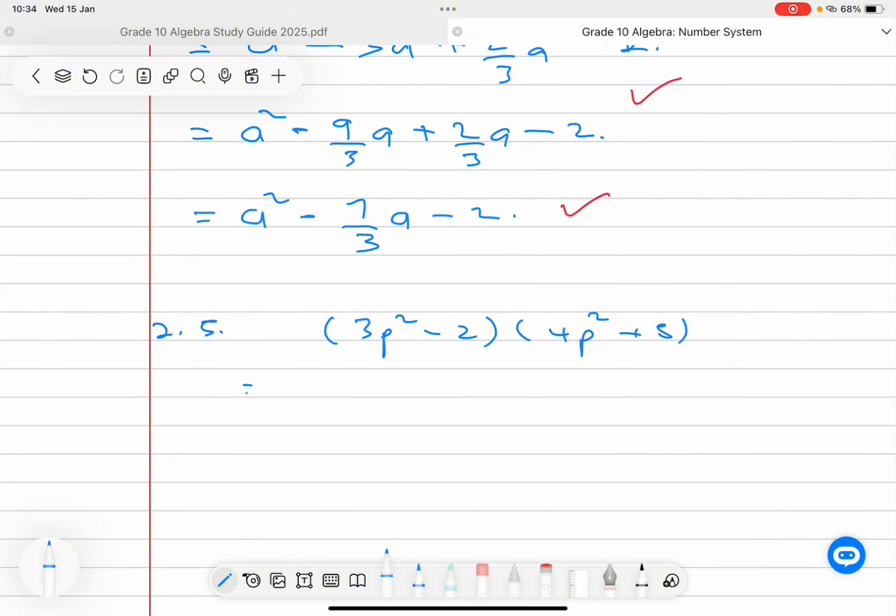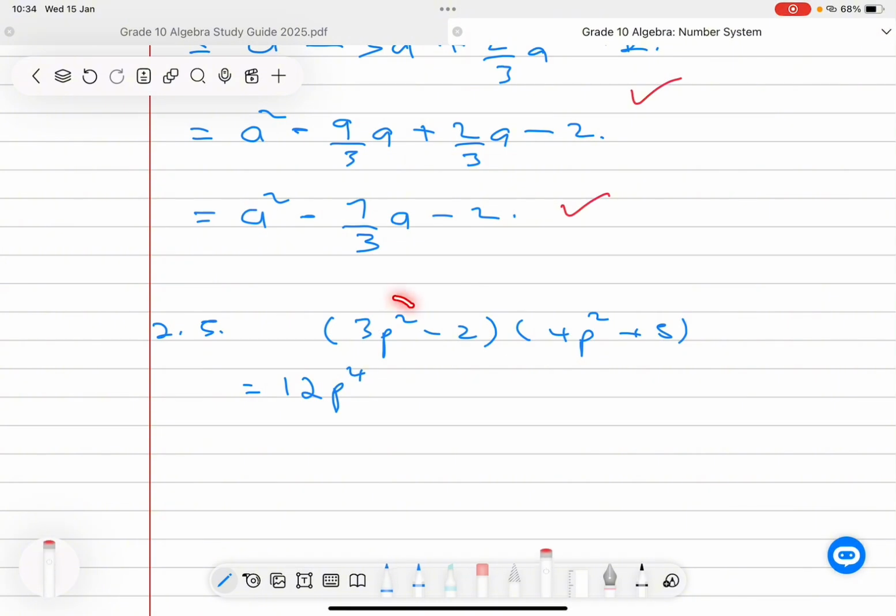Again, doing this question, we're going to use the inspection method, where we say 3p squared times 4p squared. 3 times 4 will give me 12. p squared times p squared will give me p to the power 4, because remember, you keep the base and then you add the exponents.